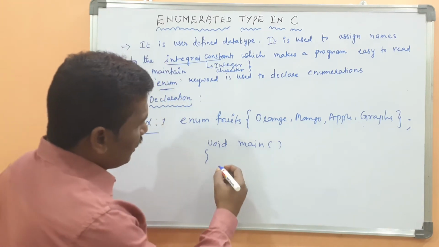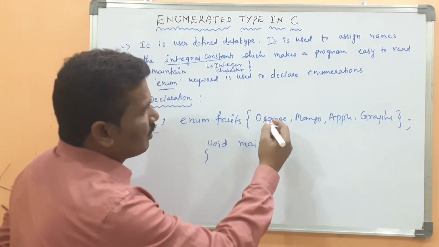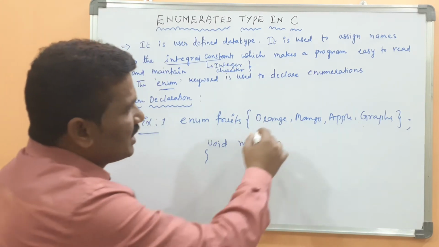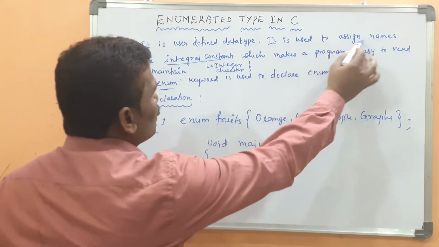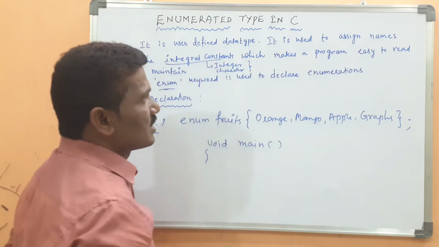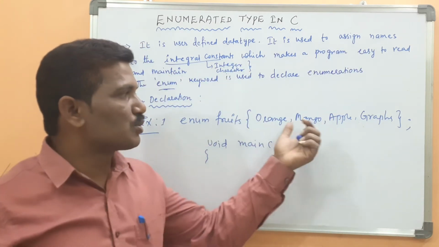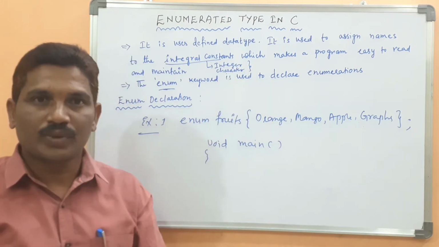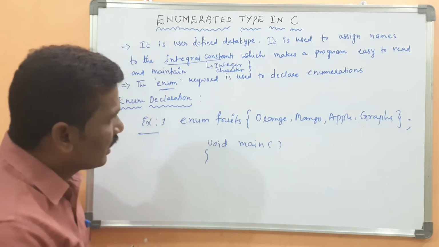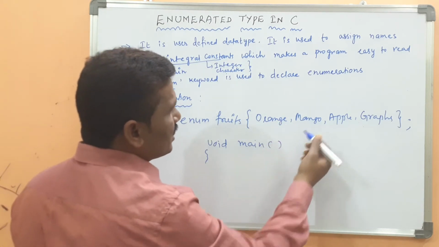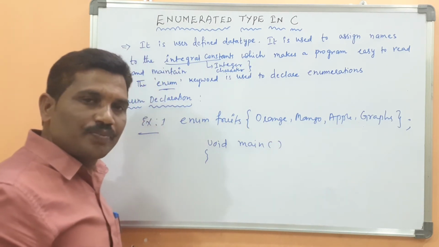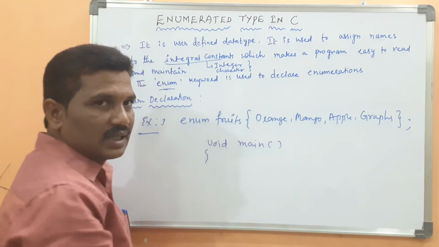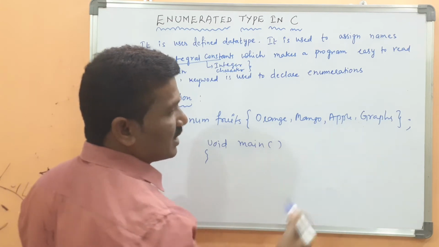Then, for example, how will the constants be assigned to these names? It is used to assign names to integral constants, either integer or character. Whenever you display the orange value, what is the value? What are the default values of the enumeration constants?